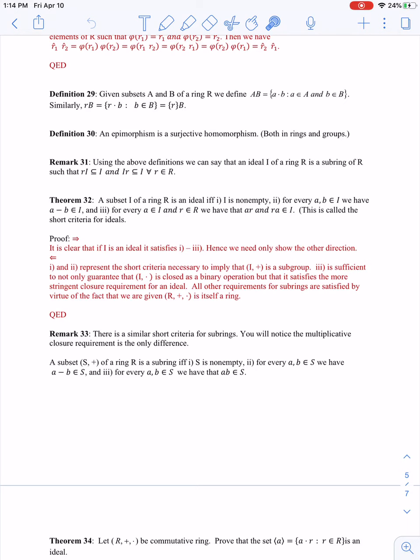Okay, so now just a way to rewrite a previous definition. We defined what it meant to be an ideal. Remember, an ideal meant that it was closed under dot.